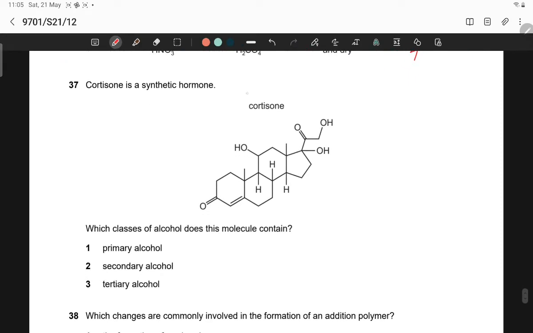Cortisone is a synthetic hormone. Which classes of alcohol does this molecule contain?